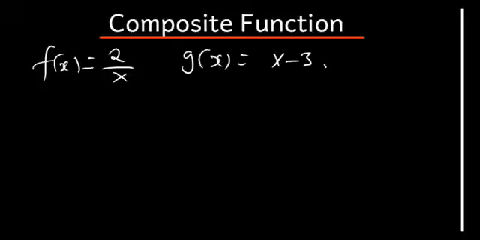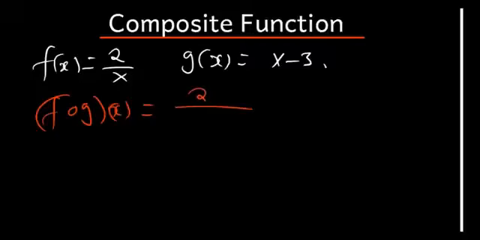Now let's say we want to find f of g of x. Like I said, where there is x in the function of f, we are going to put g, meaning it's going to be 2 divided by, where there is x, we put x minus 3. I can end there. So that is going to be my answer.